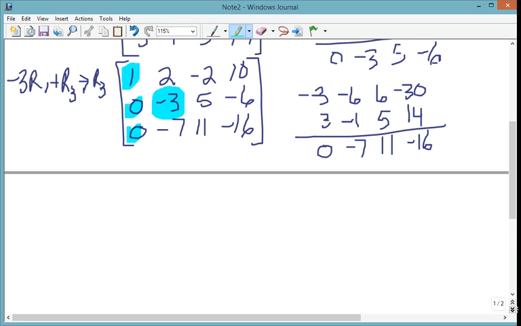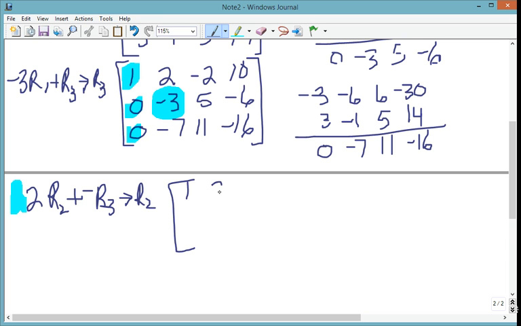All right, so I want to say 2 times row 2 minus row 3 will give me my new row 2. Okay, so row 2 is the only thing I'm changing. I'm going to leave these the same.